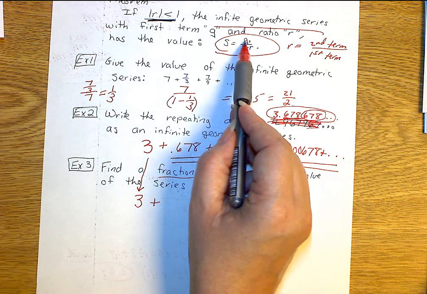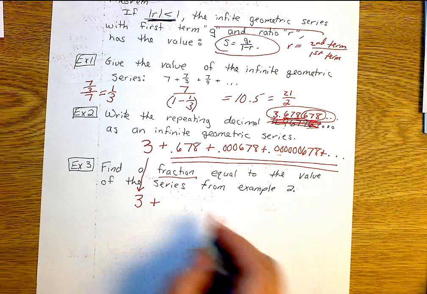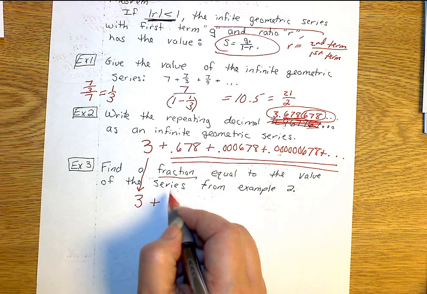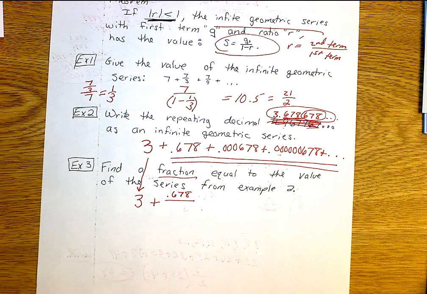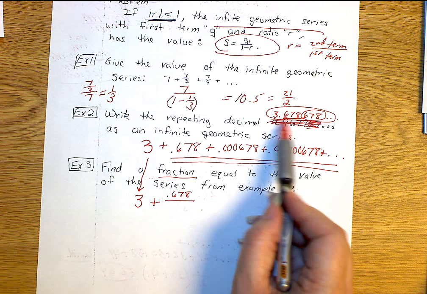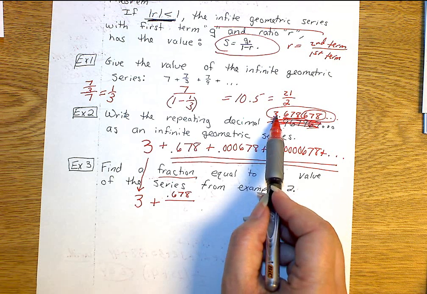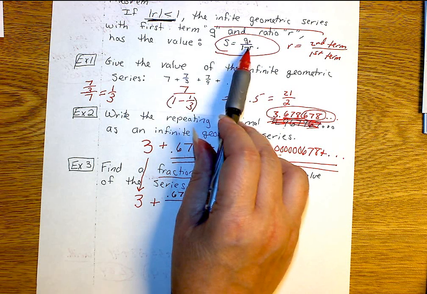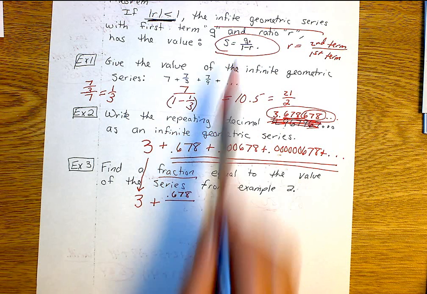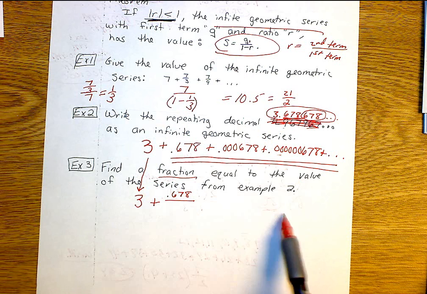That's my first number. So what's my first number of the series? It's 0.678. Why is it 3? Because it still has to equal this, and the 3 is the not repeating. This only goes for the repeating series. So it's 3 plus whatever we're doing.